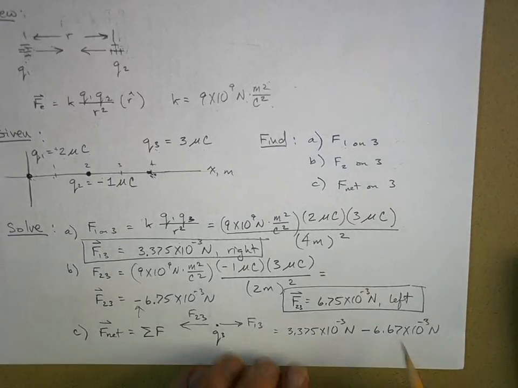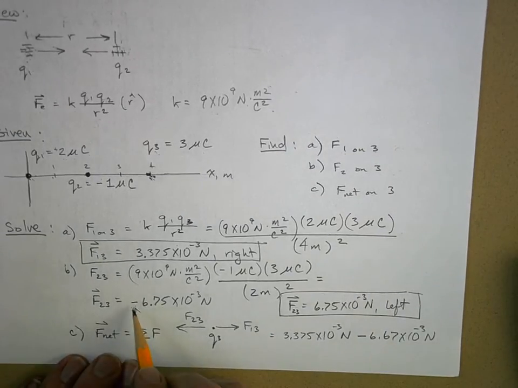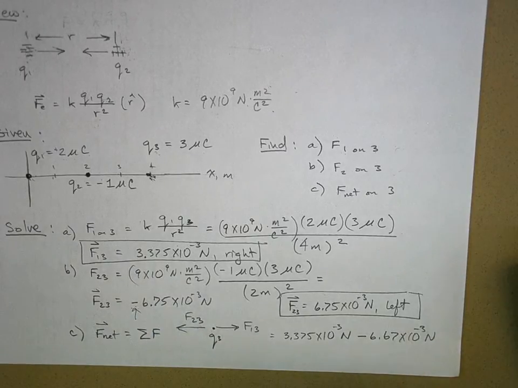That's what that negative sign meant over here, that it's to the left. Whenever you're dealing with pluses or minuses and you have a vector quantity, that's what you've got.